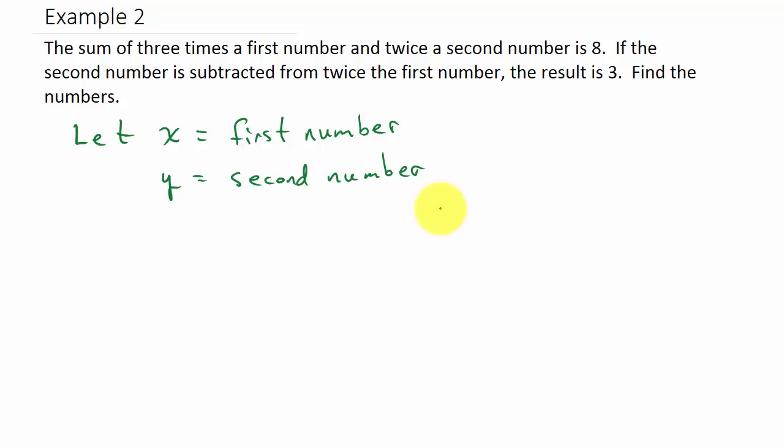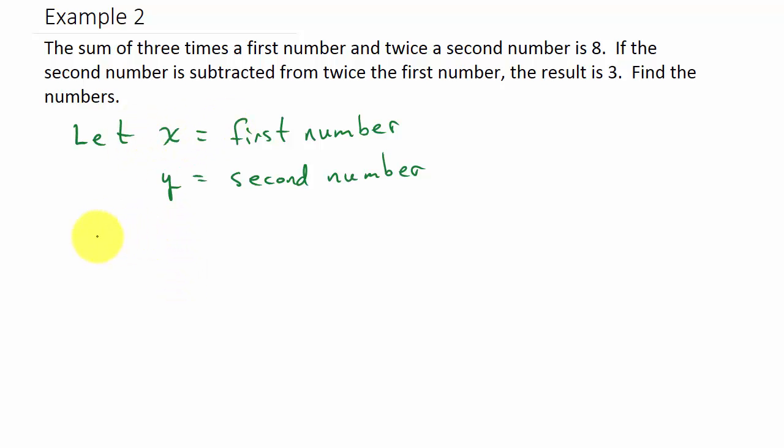Now, let's go ahead and translate this into equations. It says the sum of 3 times a first number and twice a second number. So 3 times a first number is going to be 3 times x.